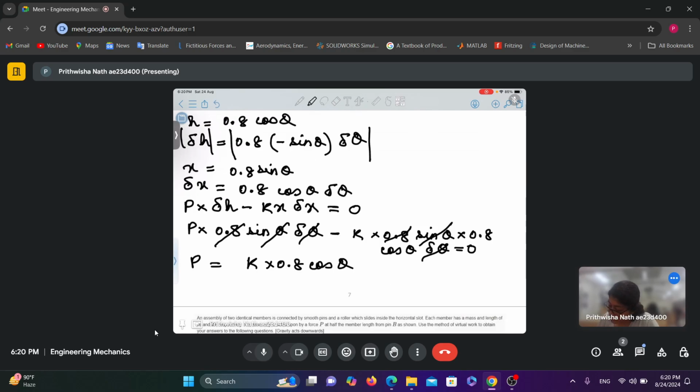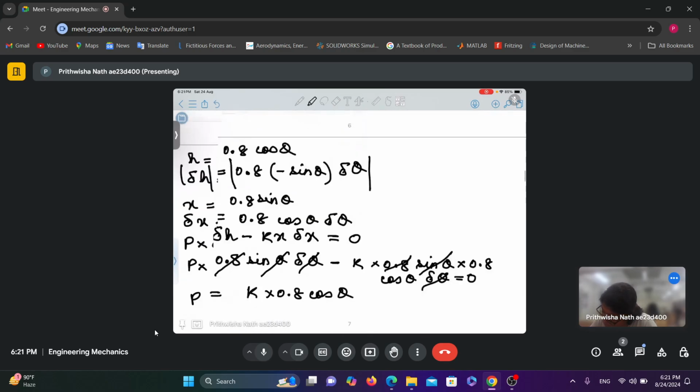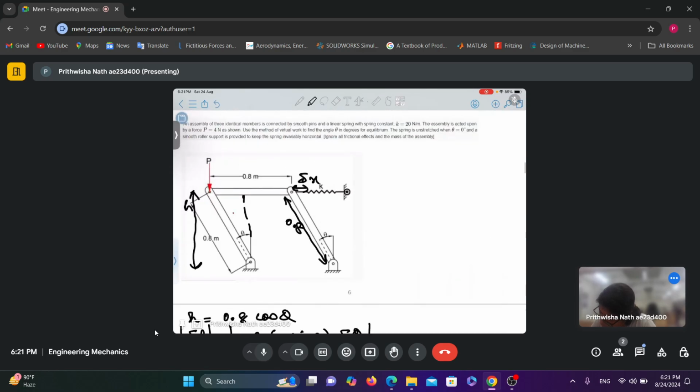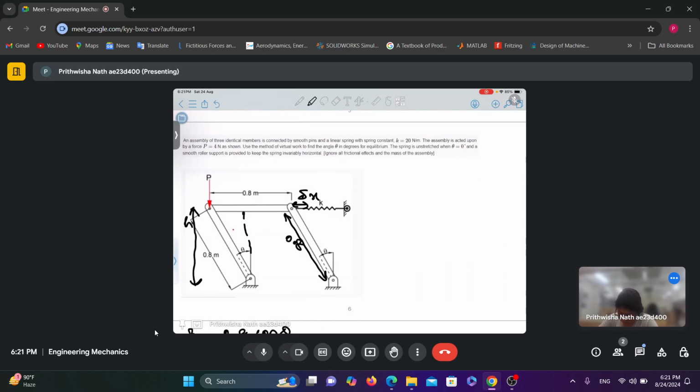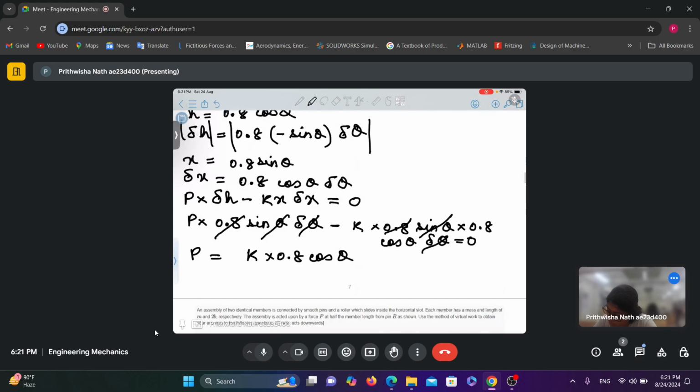Now cos theta equals to P by K into 0.8.